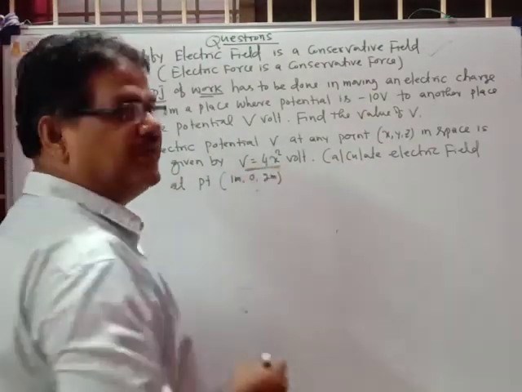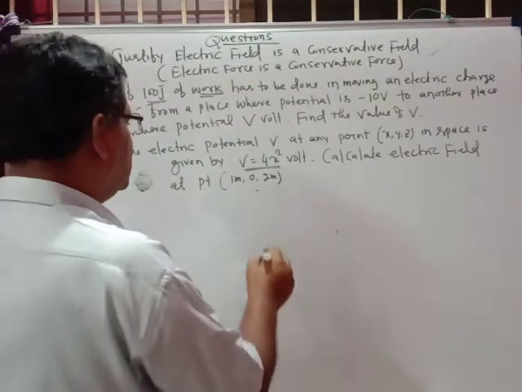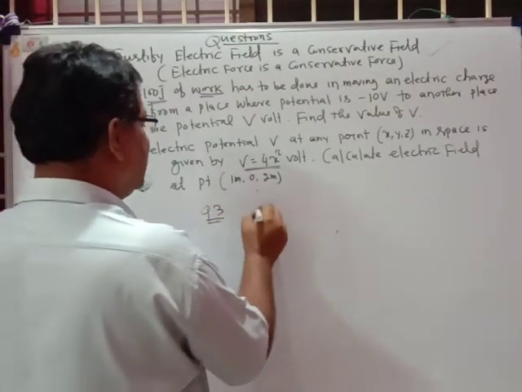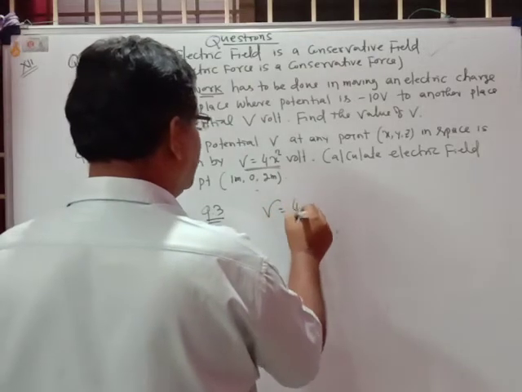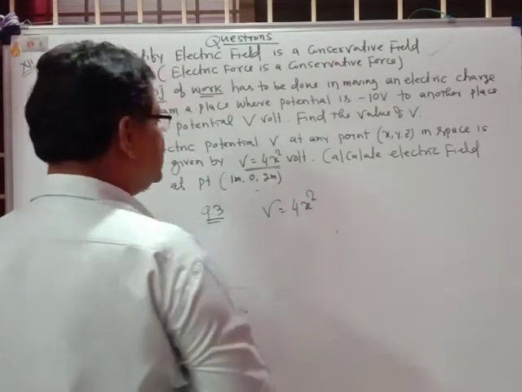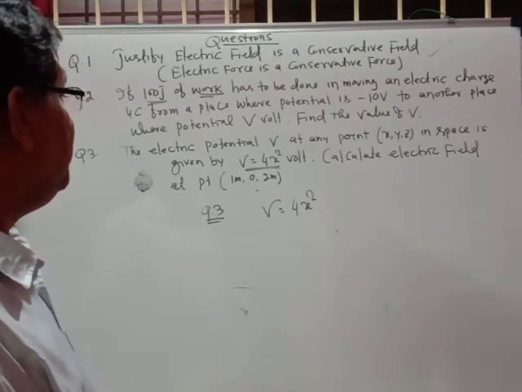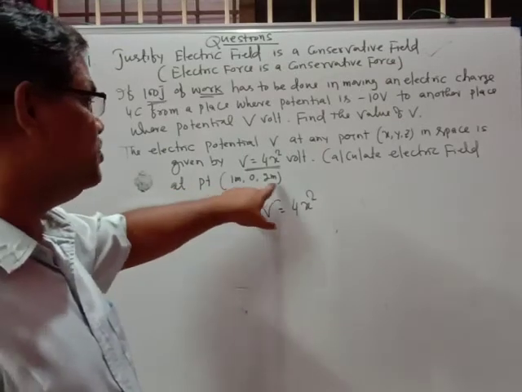So V equal to 4x square is given. Calculate the electric field at the point 1 meter, 0, 2 meter.